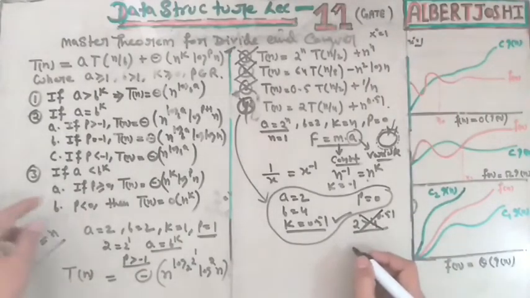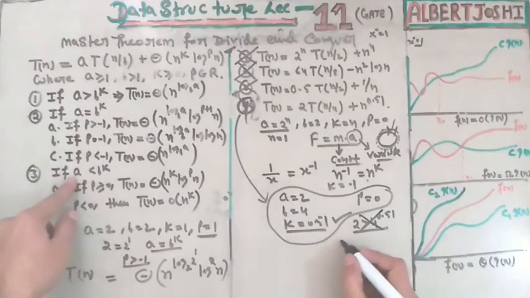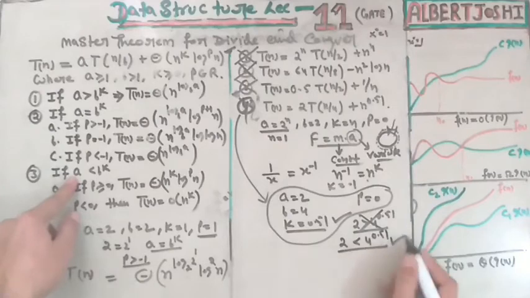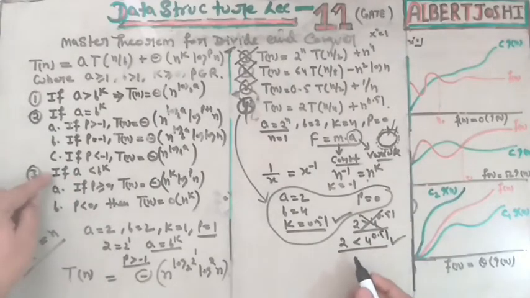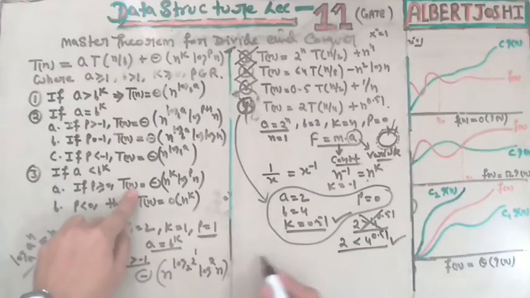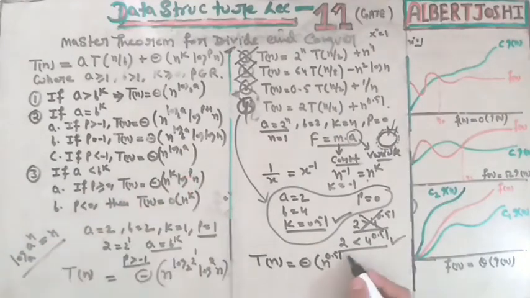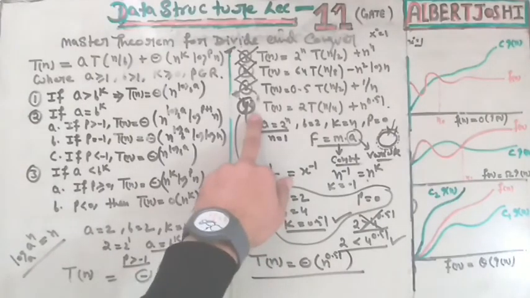Now a is 2. Is 2 less than b to the power k, 4 to the power 0.51? Yes, this is correct. So this condition is satisfying. So your time complexity T(n) is equal to theta of n to the power k, where k is 0.51 and log p is 0. This is your time complexity, n to the power 0.51.